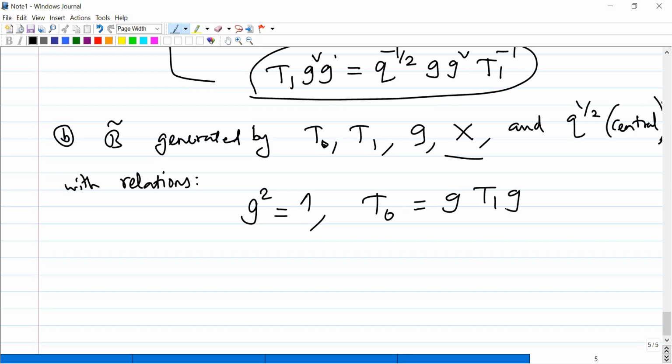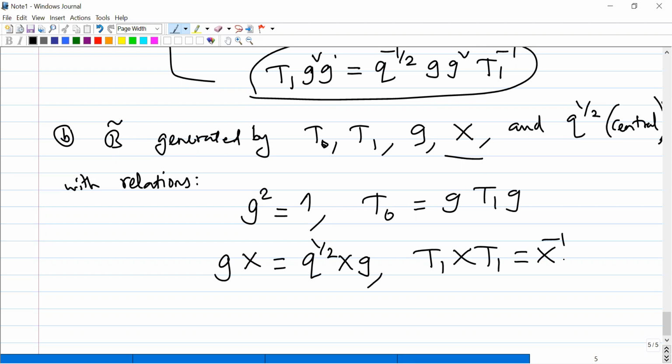So we need to say what will happen between G and X. So Gx is equal to q power of xg, and T1 x T1 must be equal to x inverse. And there is another relation for how T naught interacts with x.